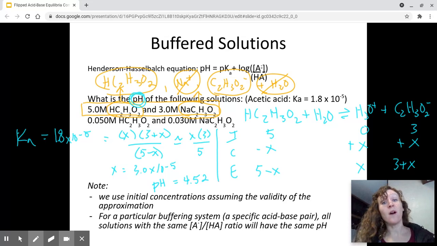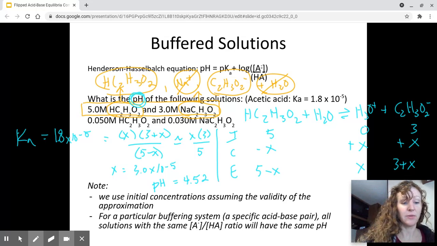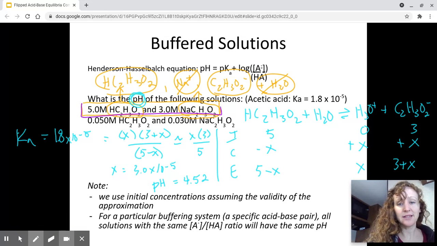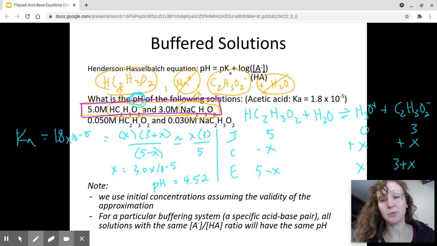Or I could take my information, and since I have both my acid and its conjugate base present, I can plug into Henderson-Hasselbalch.